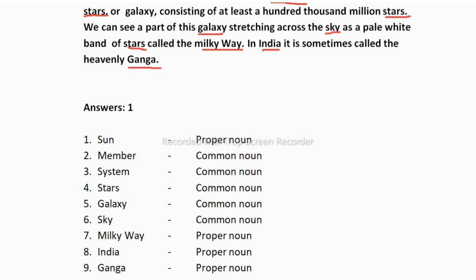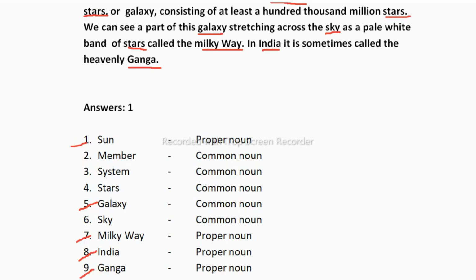And proper nouns are the nouns that name particular places, persons or objects. These are called proper nouns. The words which name specific people, things, places or organizations, like here you can see sun, galaxy, Milky Way, India and Ganga. Proper nouns are always capitalized and we do not add an article before them. So the rest of the nouns are common nouns and these are the proper nouns.